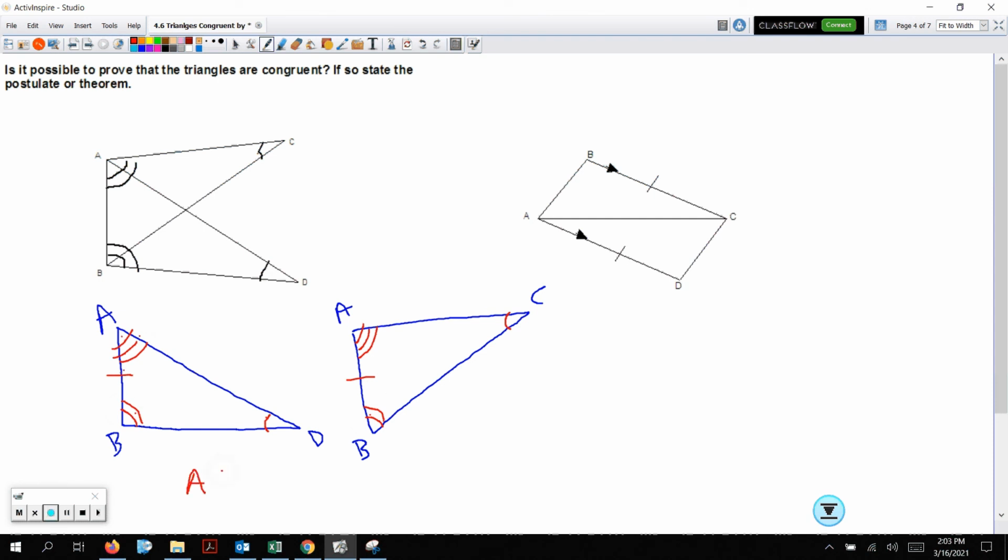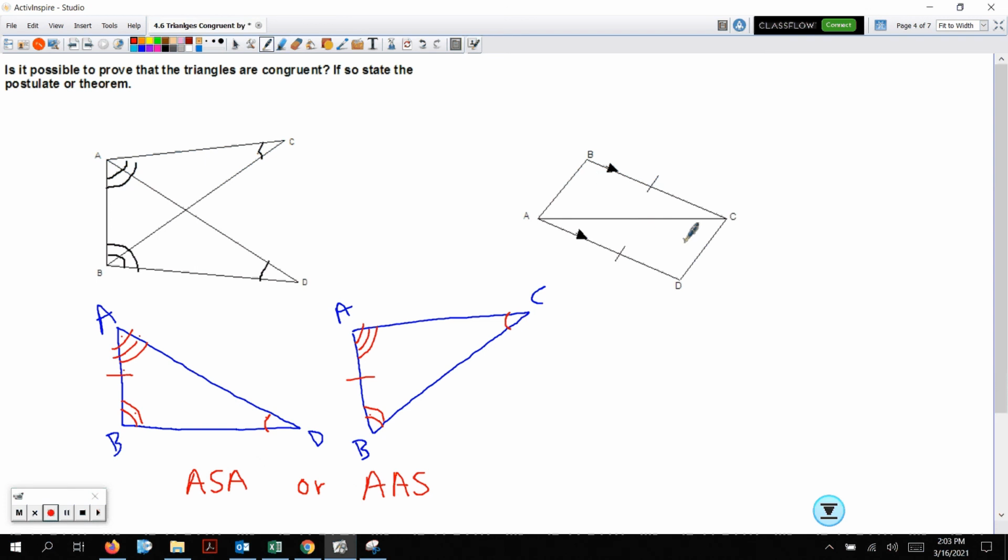We'll just go angle, side, angle. I guess I'll write or angle, angle, side, whatever. Angle, angle, side. All right, I just wrote these, this is my theorem or postulate. I didn't write any of my other stuff down, okay?